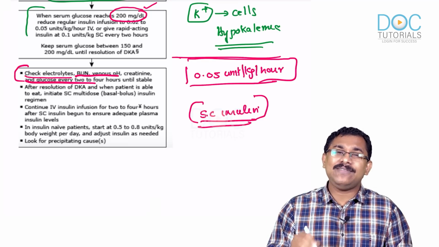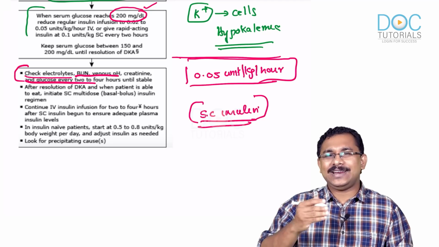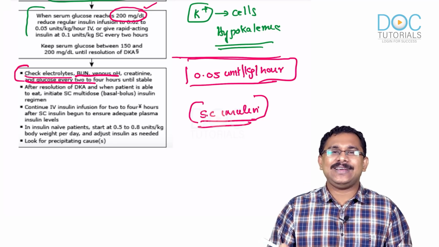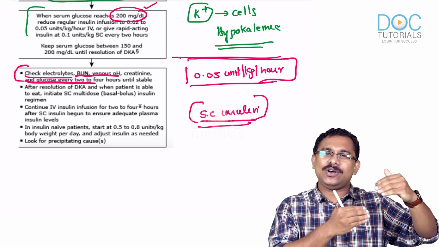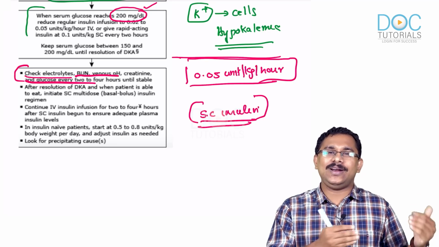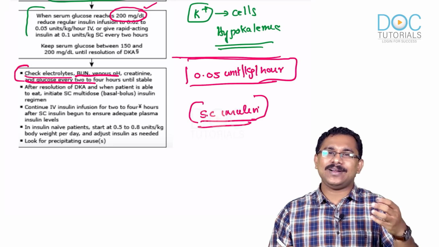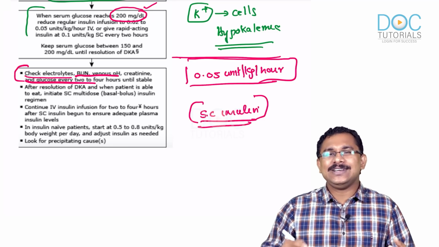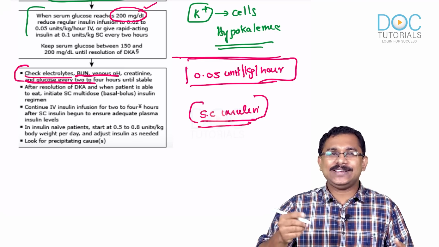But now, another very, very important point that you have got to keep in mind. Many times, residents may make a mistake. They might bring down the sugar beautifully to a value of, say, under 200. You might see that the patient is fully conscious, so you think, okay, now let me change over to my subcutaneous form.